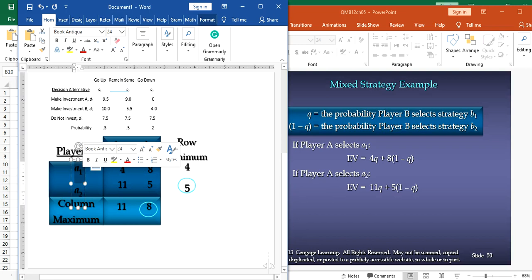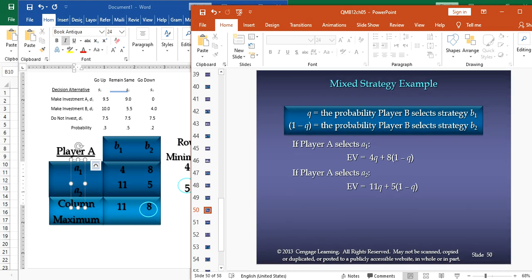So we have here A1: 4q plus 8 times (1 minus q), and the expected value if player A pursues strategy A2 will be 11q plus 5 times (1 minus q).